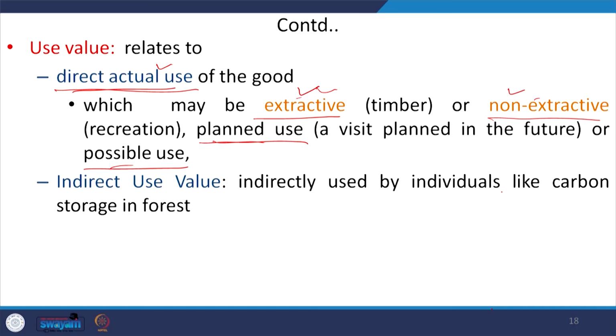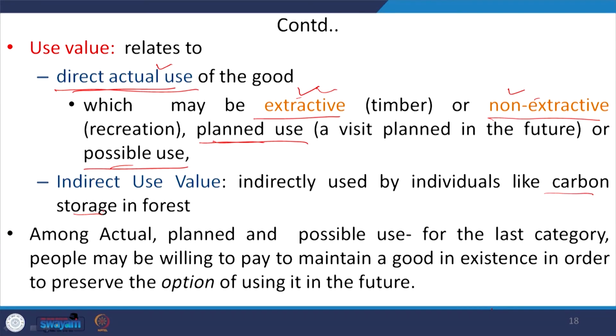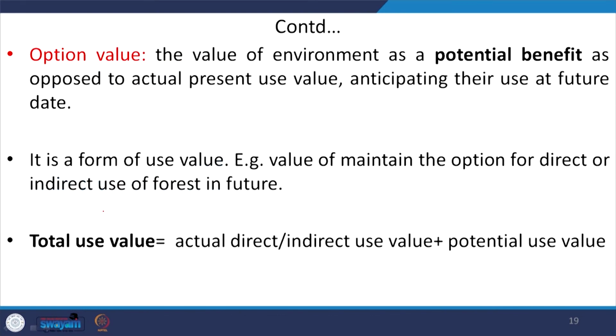That will be indirectly helpful in tackling climate change, and you do not like climate change or you are suffering because of this climate change problem. So, this is the categorization of use value, and the second categorization is option value.